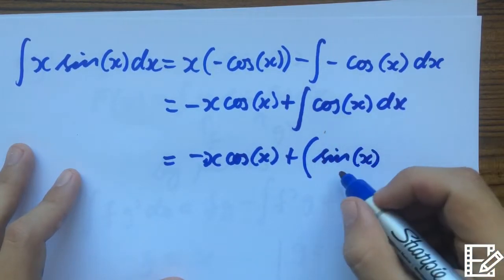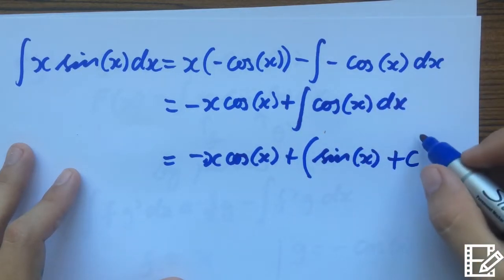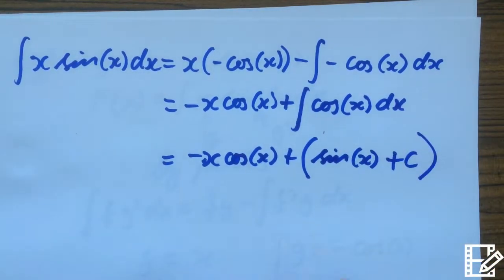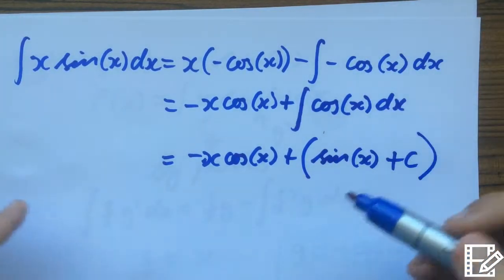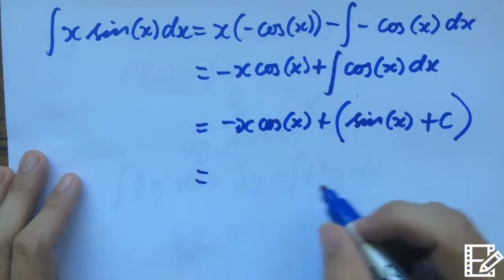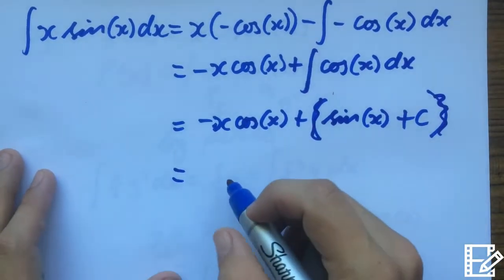Just like the derivative of sine x is cos x, the integral of cos x is sine x plus c. I like to put the constant in at this stage, but you can put it in at the beginning, you just have to carry it through with you. So we don't really need the brackets anymore.